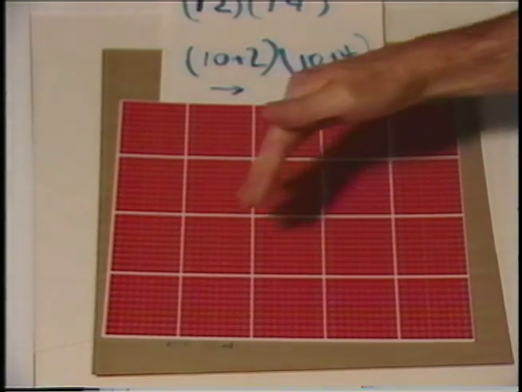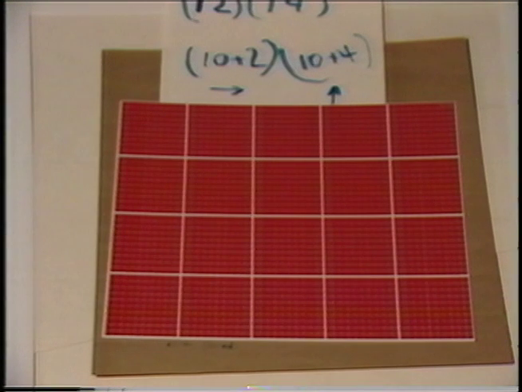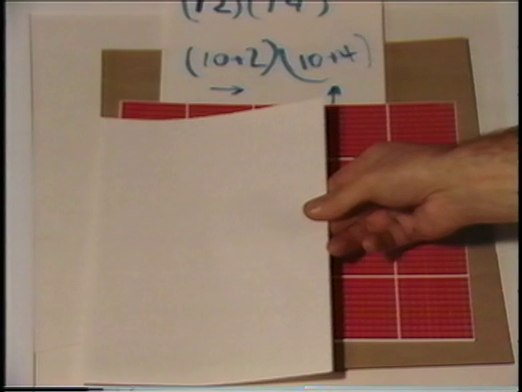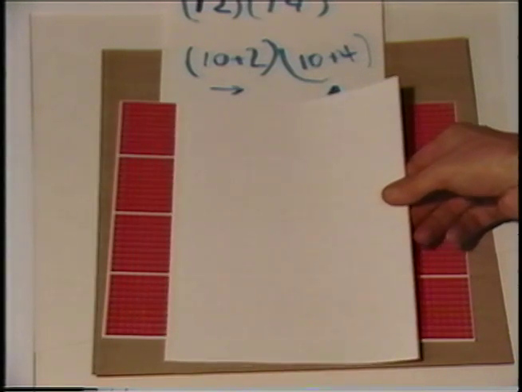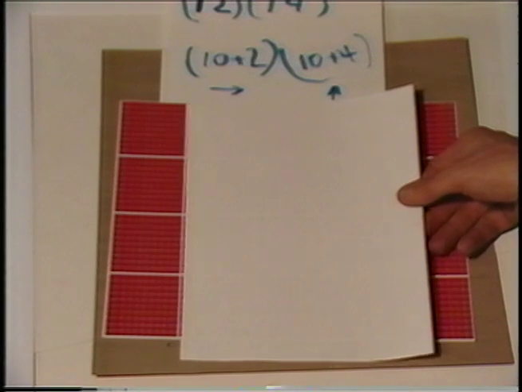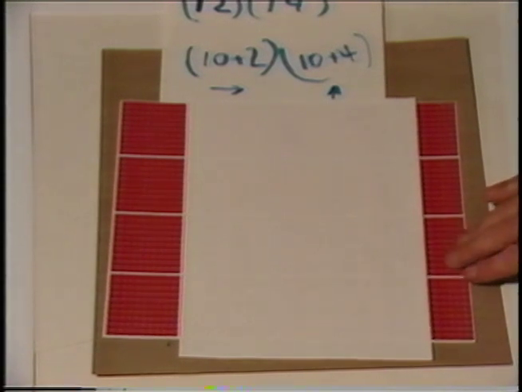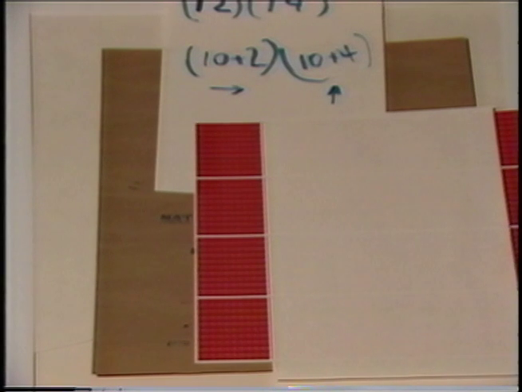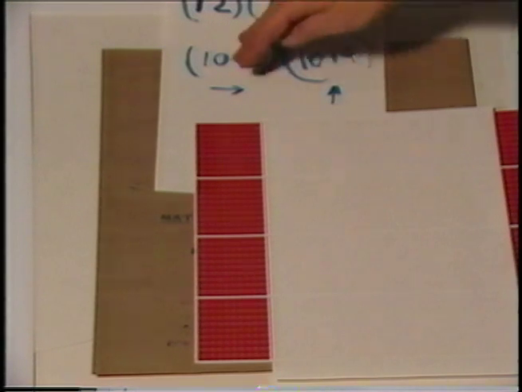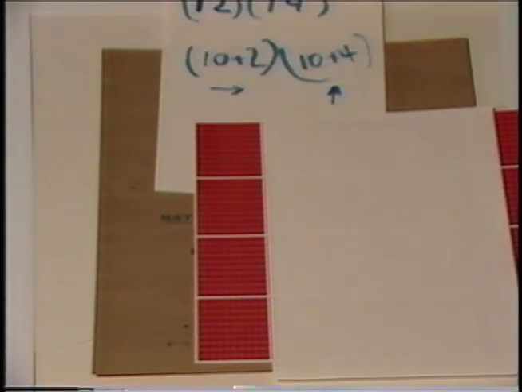Notice, we have to come over 1 bar of 10. Let's do that. Here I will come over 1 bar of 10. And I'll slide this over so that all we see is that we are over 10. But we need to come over 2 more units.